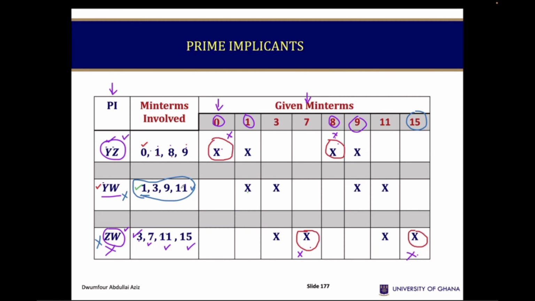But can this guy cover the rest of the mean terms that are actually left? It can cover 1, which is already covered. It will cover 3. It will cover 9, which is already covered. It will cover 11 and 15. Right? This guy is left out. This one is never covered.